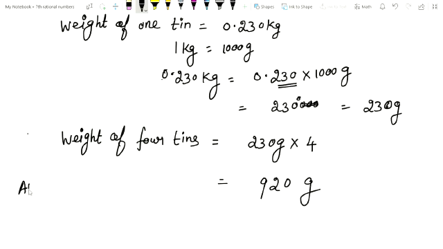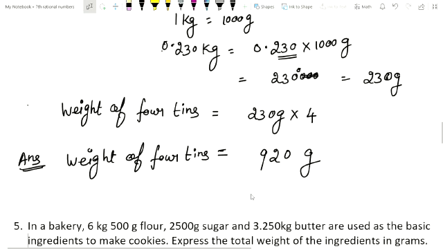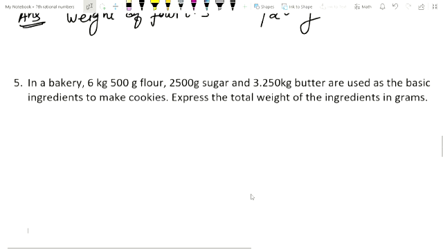So what is the answer, children? Weight of 4 tins equal to 920 gram. Do you understand, children? Here weight of 1 tin is given. They are asking weight of 4 tins. So we need to multiply. Okay, children. See the next one.